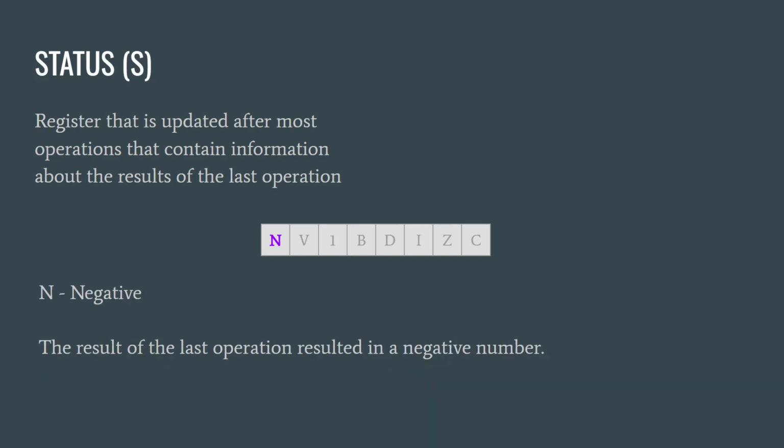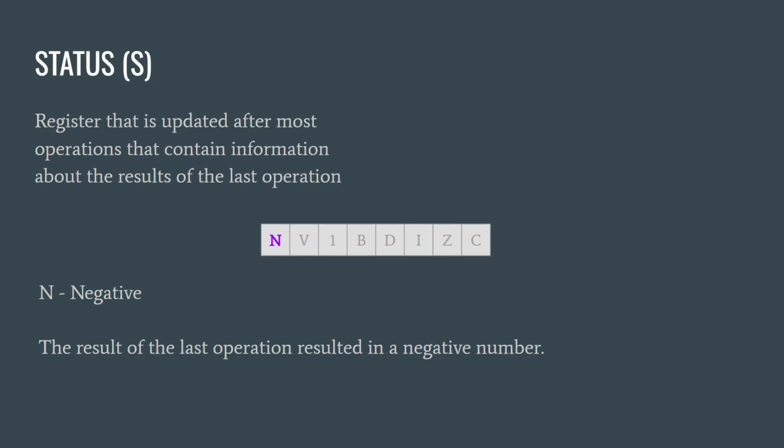And the last status bit is the negative bit, the N bit. That just means the result of the last operation resulted in a negative number. I think we cover how you determine whether a number is negative or not in a lot of detail in one of the future sections, so we won't cover it here.